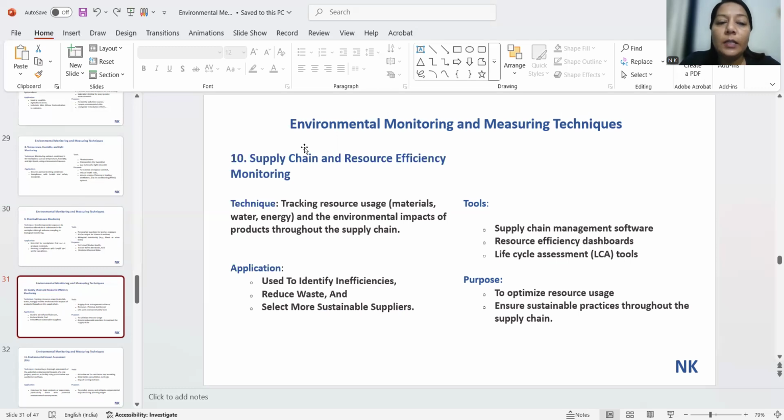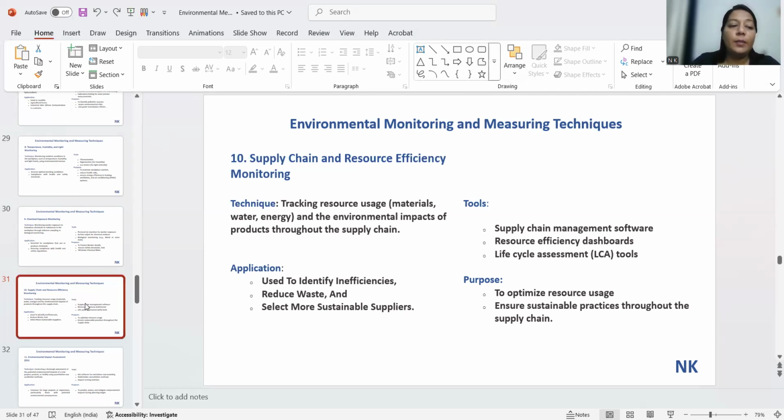In the tools part, supply chain management software, resource efficiency dashboards, and LCA tools, life cycle assessment tools. The purpose is to optimize resource usage and ensure sustainable practices throughout the supply chain.